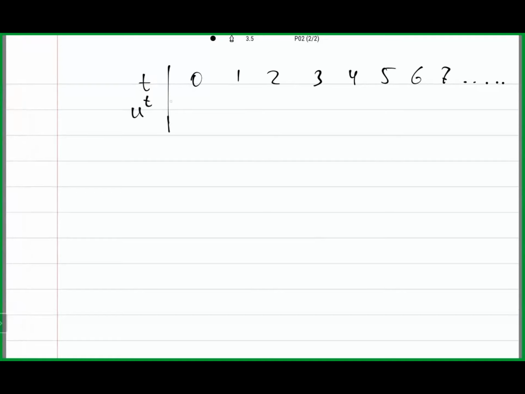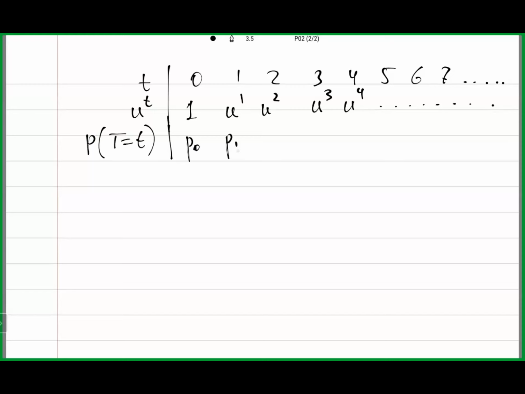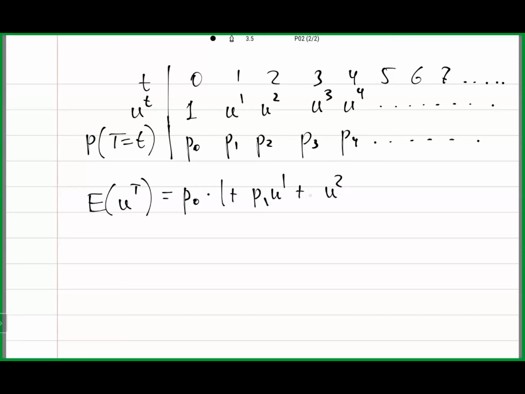Then u power t has values 1, u power 1, u power 2, u power 3, u power 4, and the probabilities that t takes these values are p0, p1, p2, p3, p4, and so on. Expected value of u power t: you multiply value by probability, and hence this function contains all our probabilities.